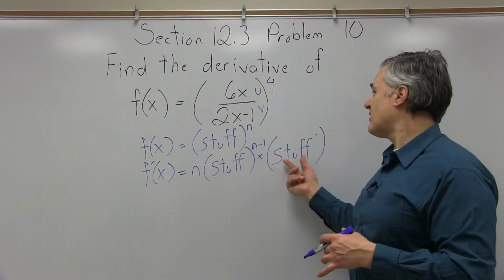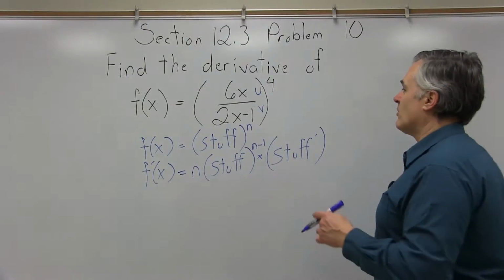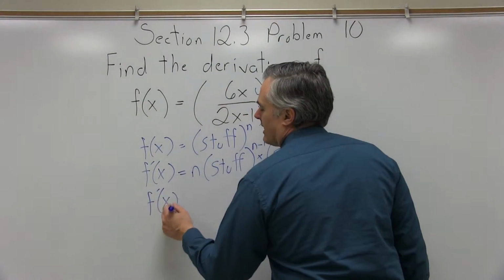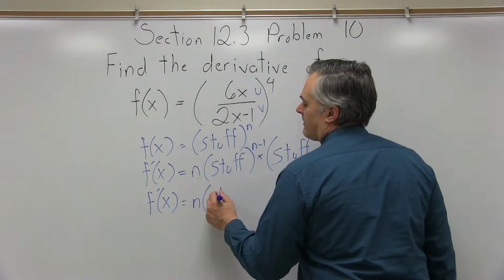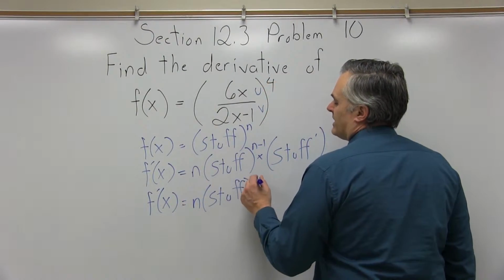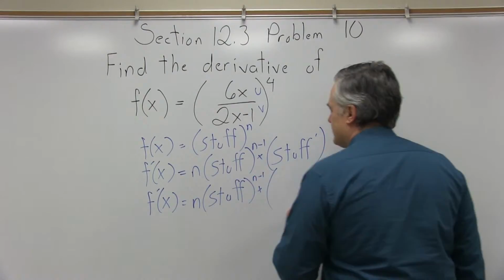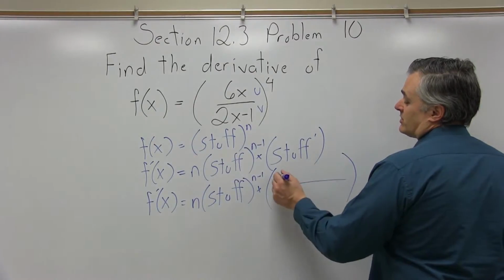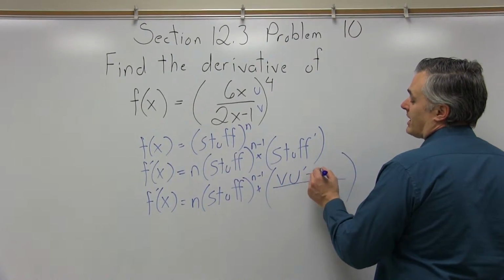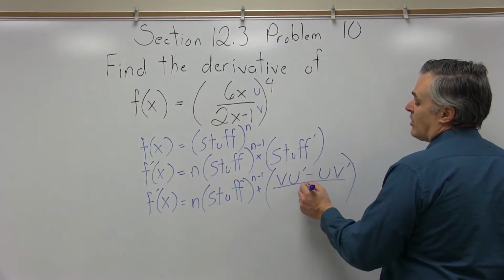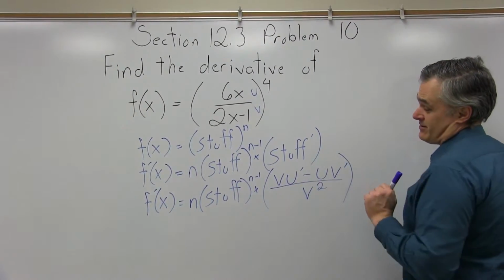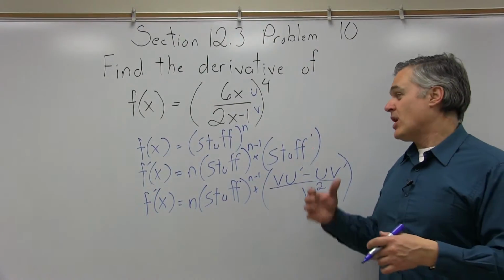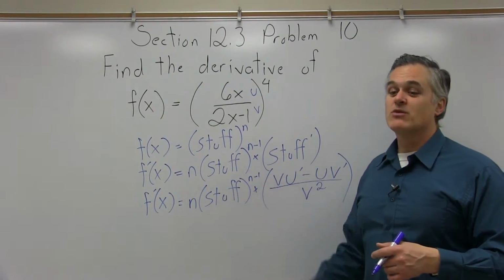So f prime of x is n times stuff to the n minus 1, times stuff prime. To find the derivative of the stuff, I'm going to use the quotient rule, which is vu prime minus uv prime over v squared. So this combines the quotient rule with the chain rule.